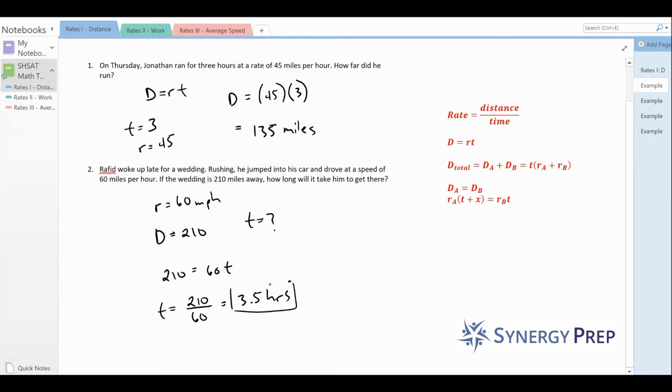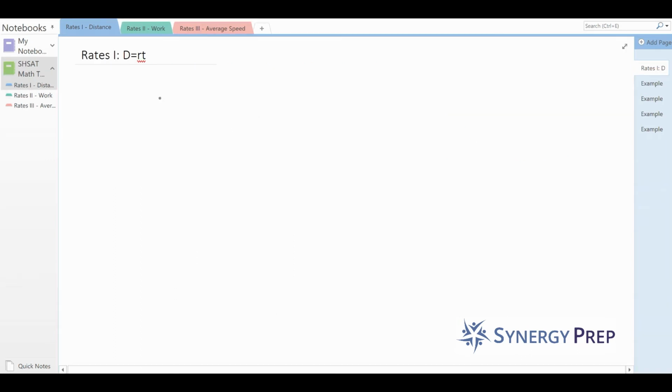Now, these are the simplest questions that you'll get for rates. You will have situations where there will be two objects that are moving simultaneously, and that's the next part of this topic. All right, as I mentioned, the equation that we'll be using throughout this lesson is D is equal to RT.